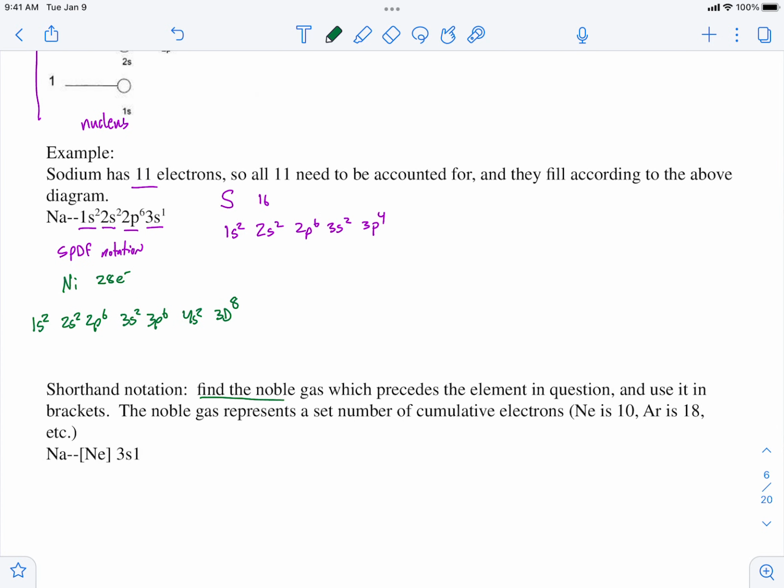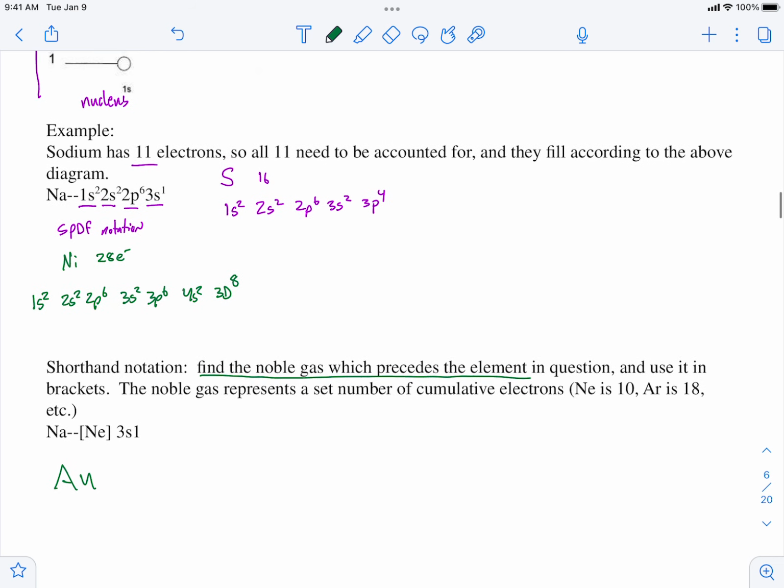Find the noble gas which precedes the element in question. So for gold, what noble gas comes numerically before gold? Xenon. How many electrons does xenon count up through? 54.